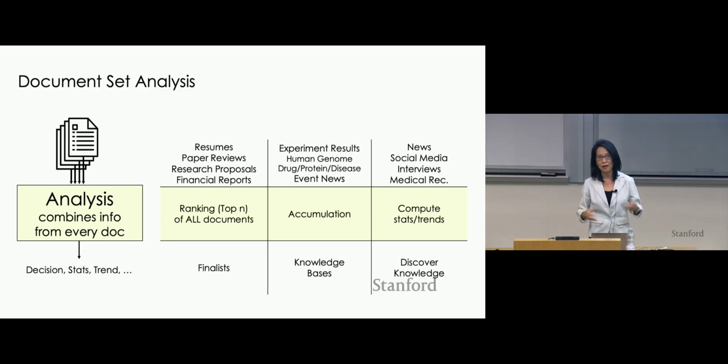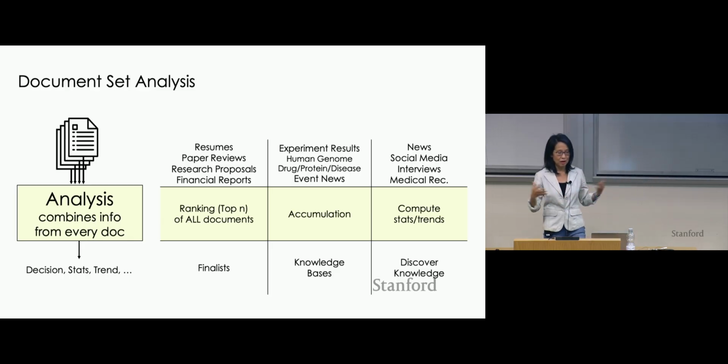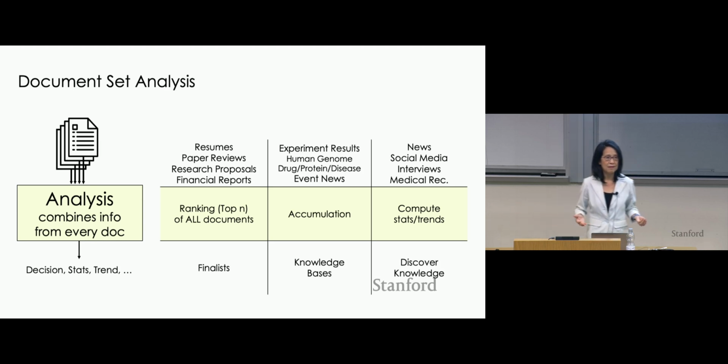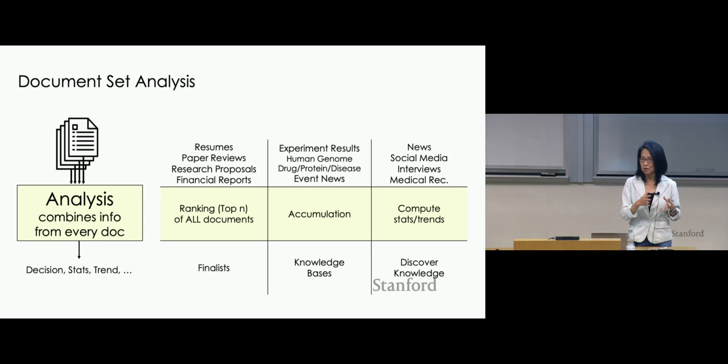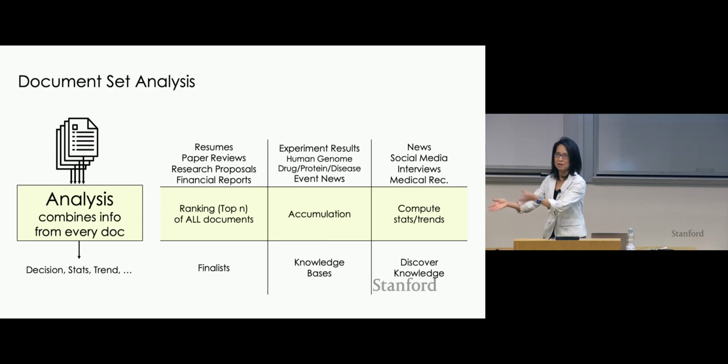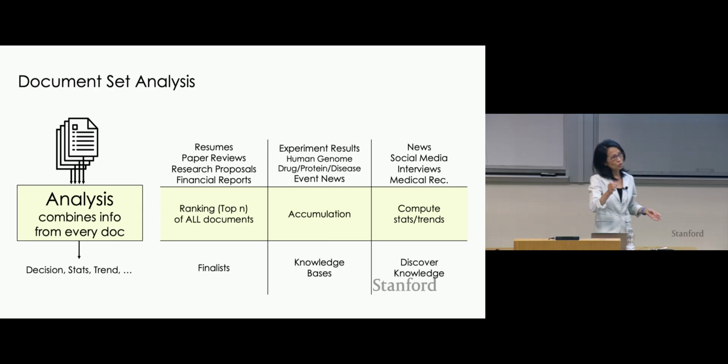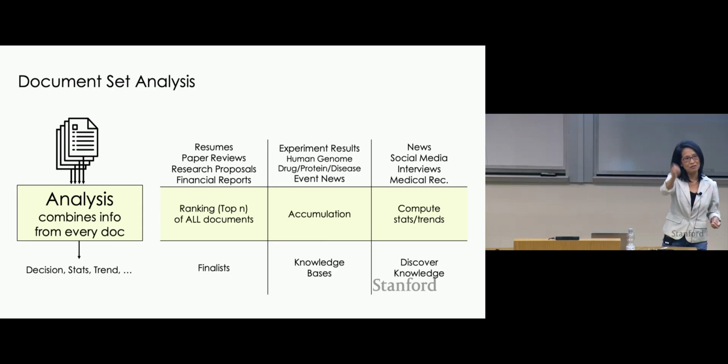And in the same way, if I'm doing studies on medical records, I want to detect the trends. If you use these drugs, there seems to be this kind of outcome. We are not so interested in what happens to the individual patient in this study.